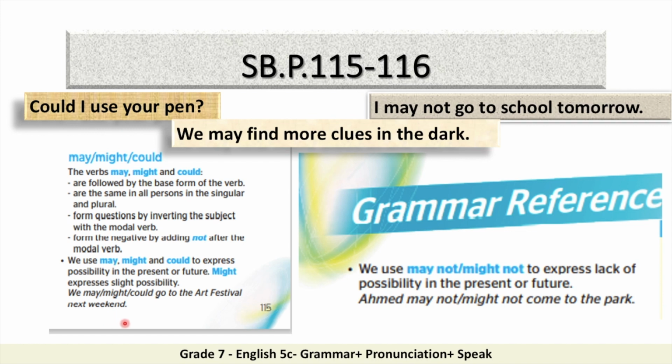This is a possibility in the future. Finally, we use may not, might not to express lack of possibility in the present or future. For example, Ahmed may not, might not come to the park. Okay? Is that clear? I hope so.